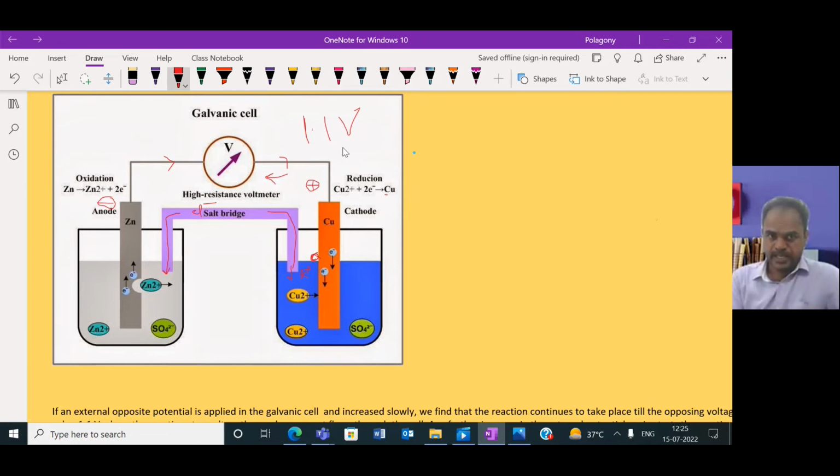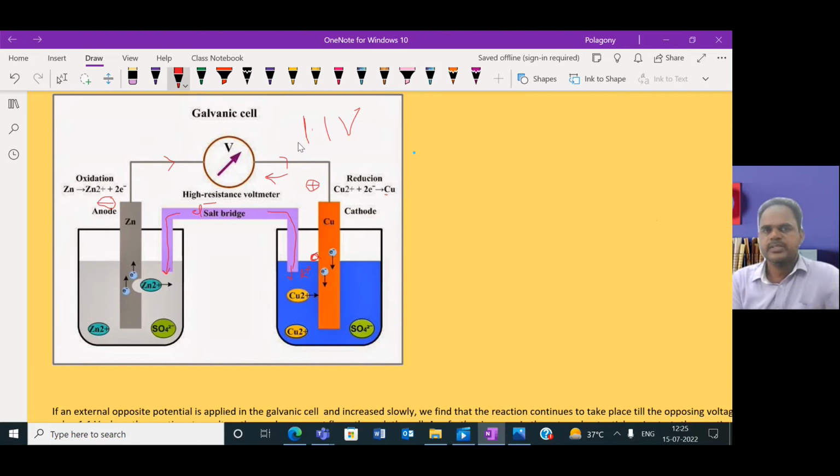But what if we apply an external voltage more than this 1.1 V? What happens to this galvanic cell?